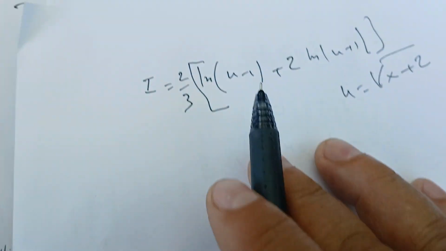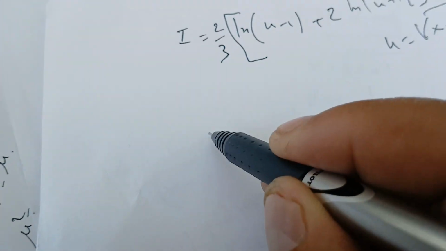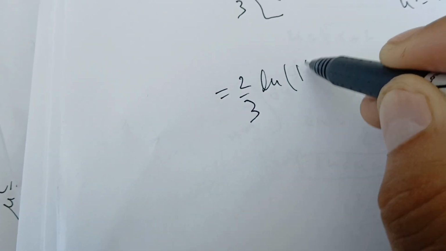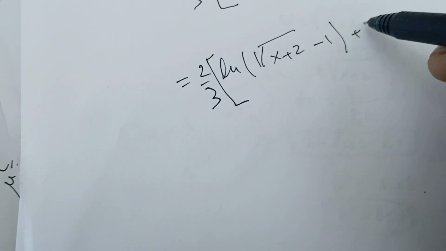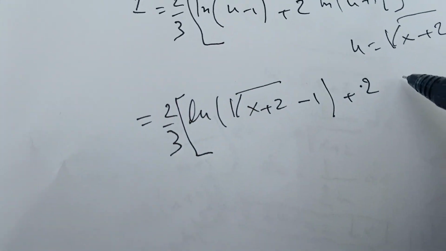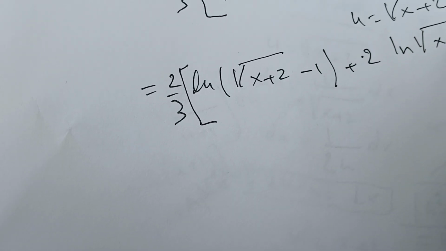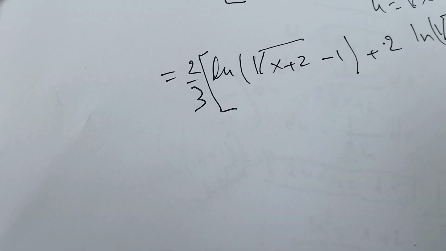So I go back and put that: 2 over 3 ln of square root of x plus 2 minus 1 plus 2 ln of the square root of x plus 2 plus 1.